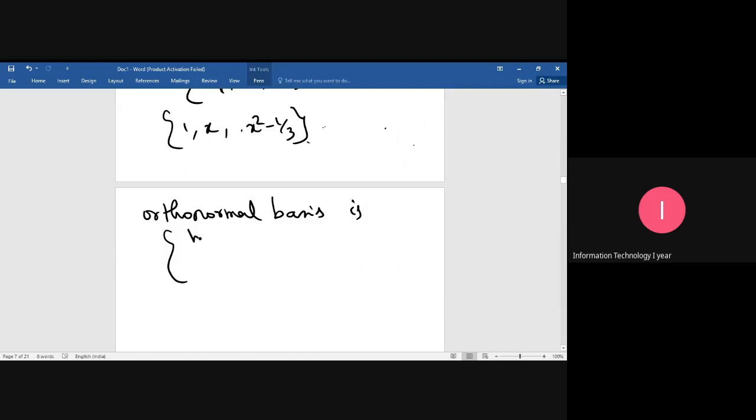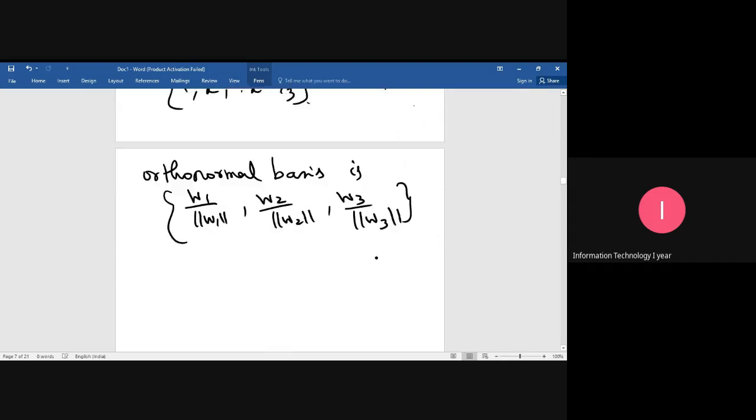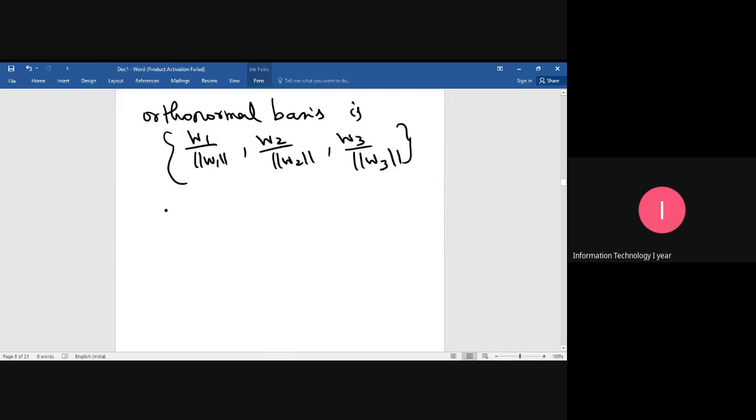So actually W1 by norm W1, W2 by norm W2, W3 by norm W3. This is orthonormal basis. So find out 1 divided by norm W1. Norm W1 square actually we calculated, it is 2. Therefore norm W1 is square root of 2.